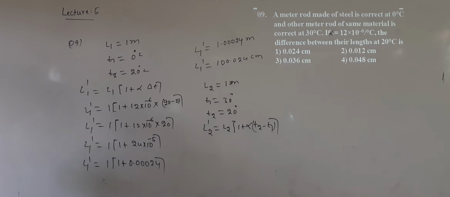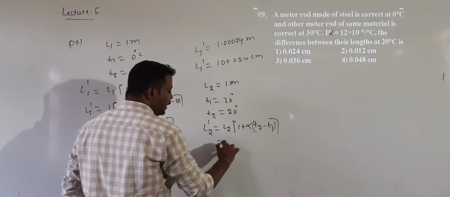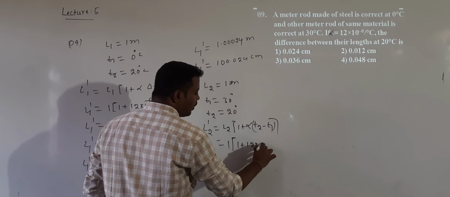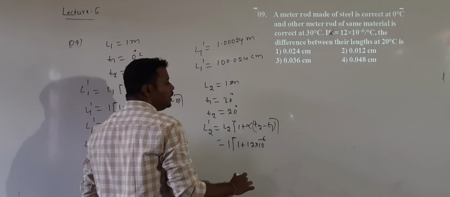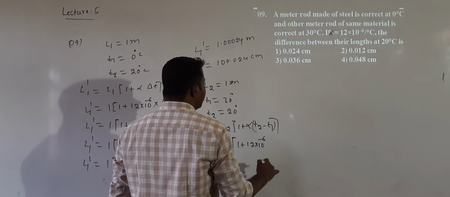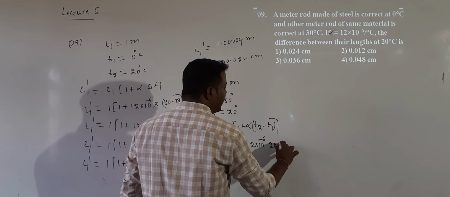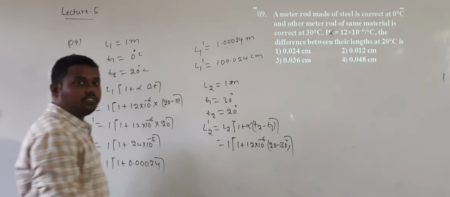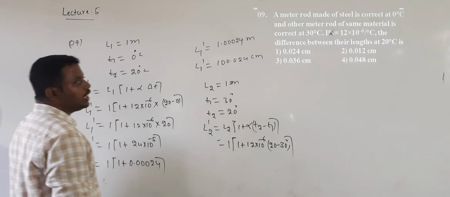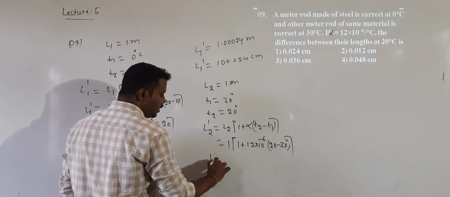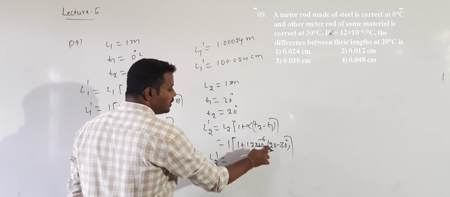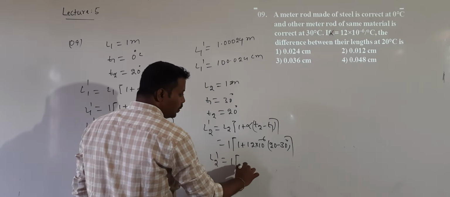So L2 dash is 1 plus alpha value 12 into 10 power of minus 6 into T2 minus T1 value. T2 minus T1 is 20 minus 30. What does it mean? Here the final temperature is less than the initial temperature. Due to that reason, what happened? The length will contract. That contraction in the length will be represented with a minus.